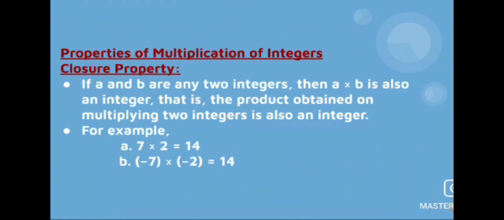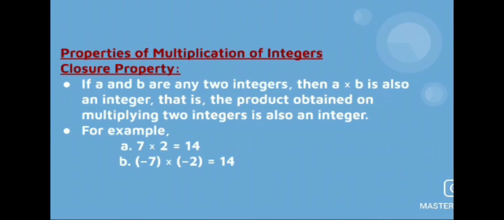Let us look at the properties of multiplication of integers. In the previous video, we had discussed properties of addition and subtraction. In addition, all the properties are satisfied, and in subtraction, only the closure property is satisfied. Let us see about multiplication. First one is the closure property.